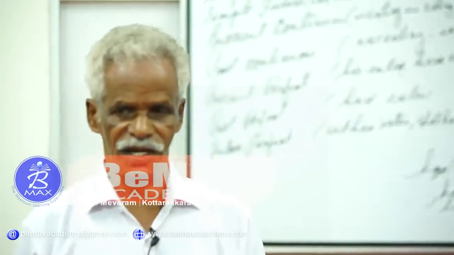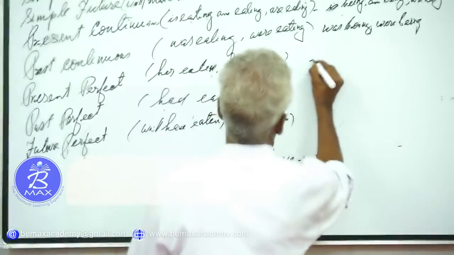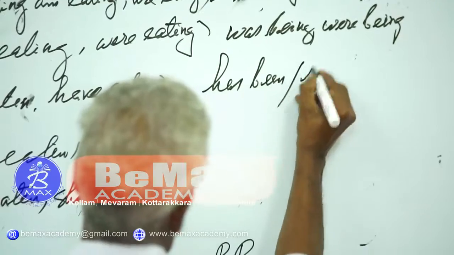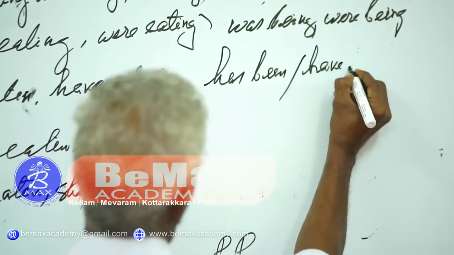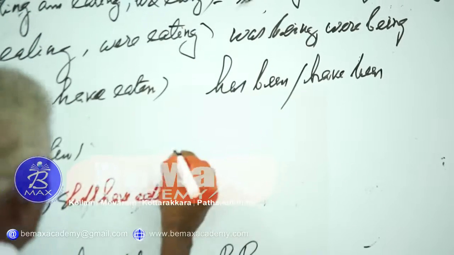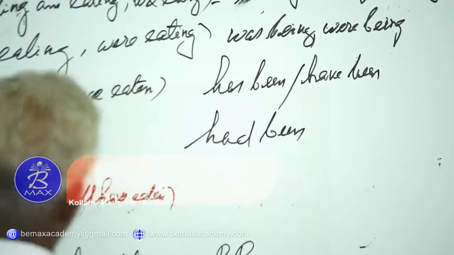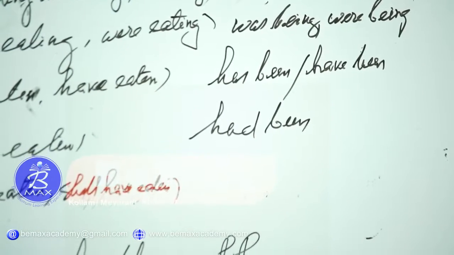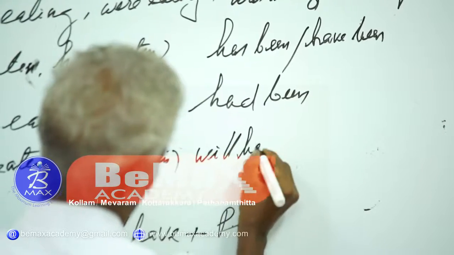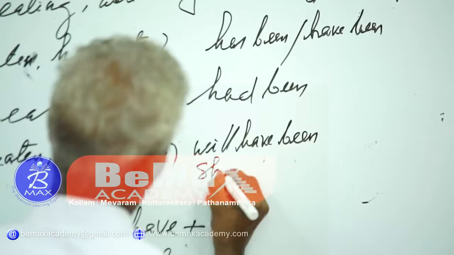Present perfect of be is have been or has been. So here it comes as has been or have been. Then it would be had been. It would be will have been or shall have been.